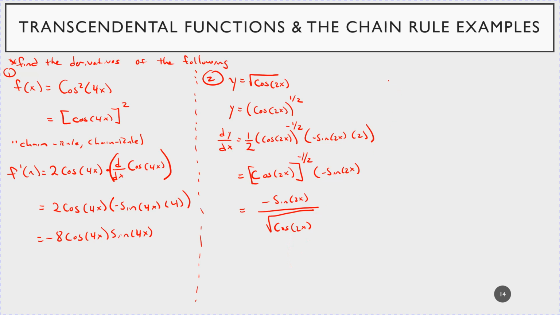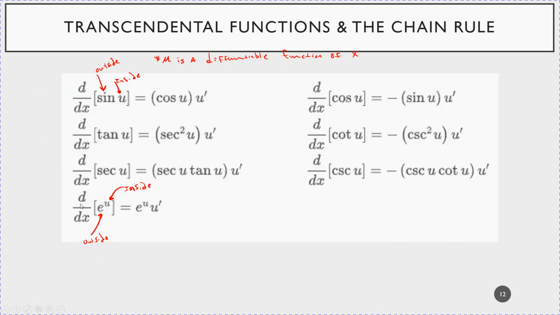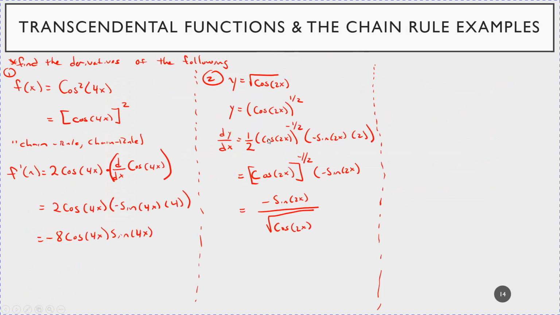All right, let's try this one. I'm going to do two that involve e now. So going back, all right, we see that the derivative with respect to x of e to the u is e to the u times u prime. So if y is equal to e to the 4x cubed, okay, dy dx, leave this alone.